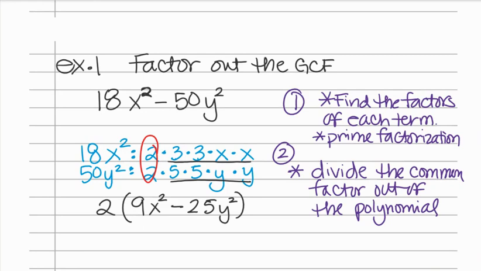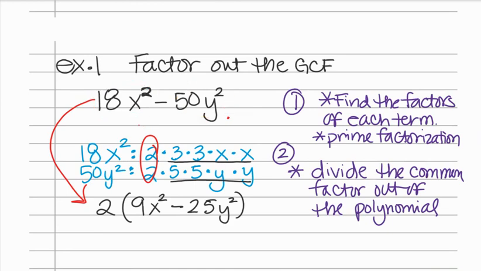And if you look, 18x squared divided by 2 is 9x squared. When I divide out my 50y squared divided by 2, I get 25y squared.